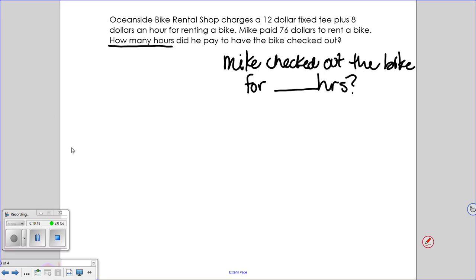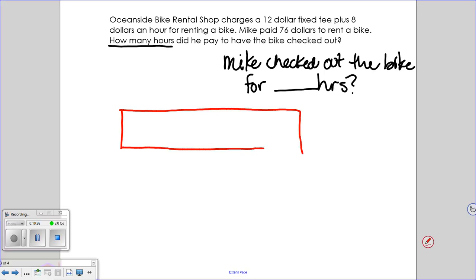Let's draw our unit bar. Always start with a big, long rectangle. Why? Because that's always our total and it's easy to do. We know that means total. Now this one's tricky. We want to know the total hours.